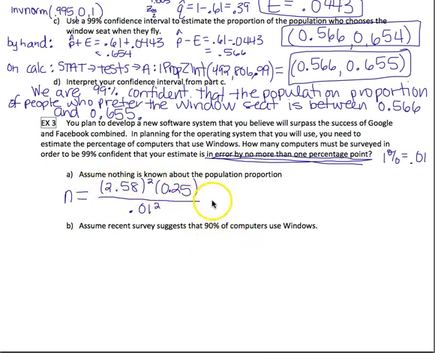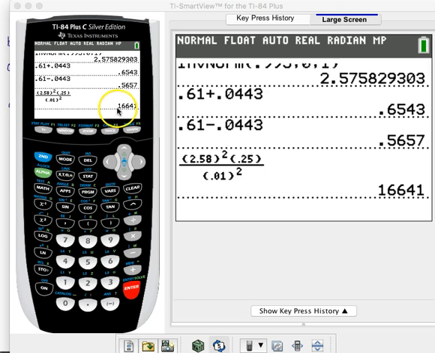And so then we just type this whole thing into the calculator, which gives us, let's see, hold on one sec, 16,641. So you can see I just typed it all in just like it was.